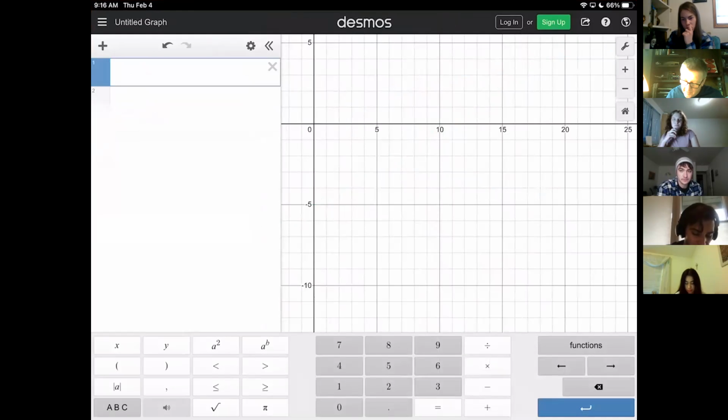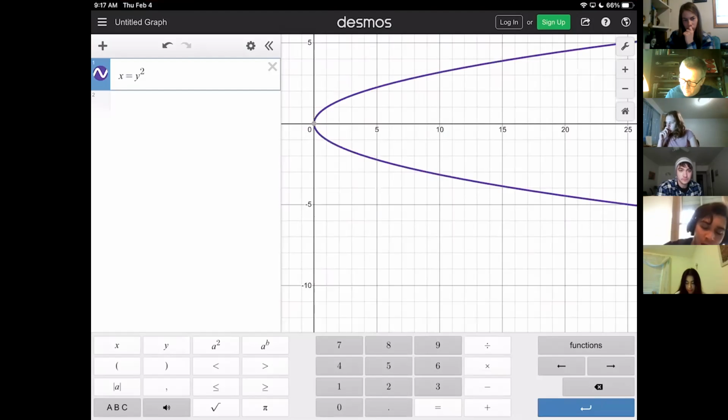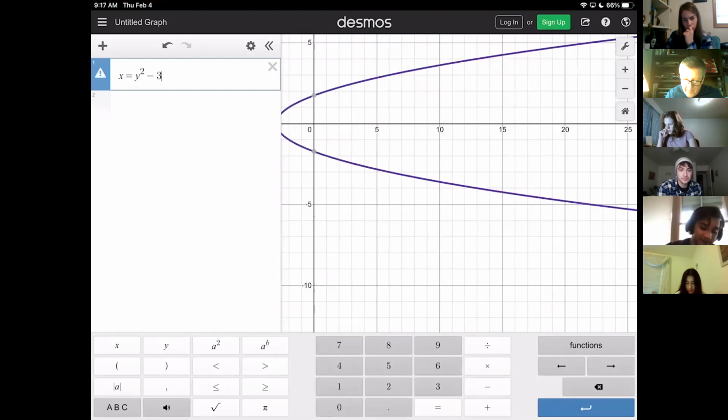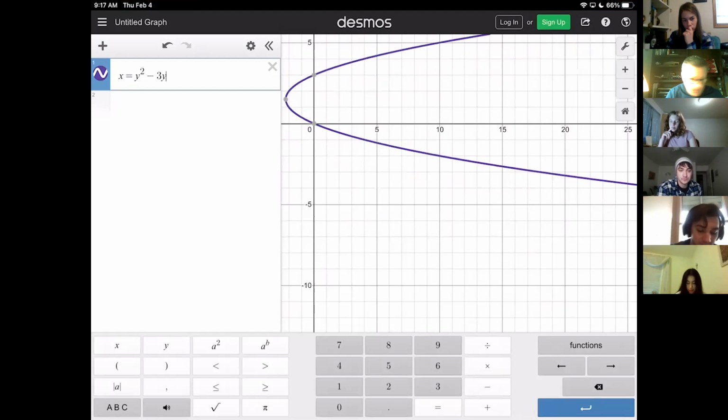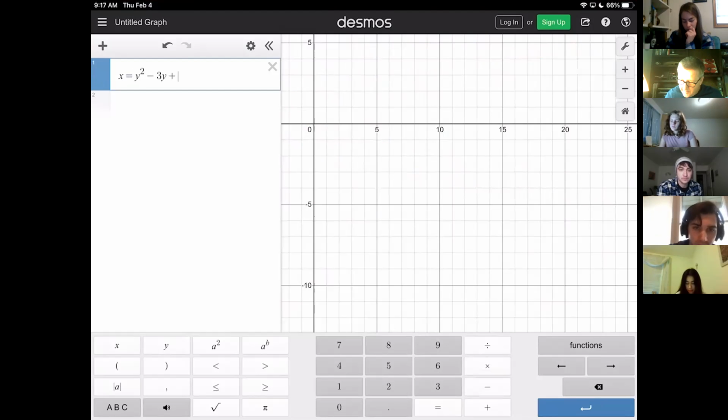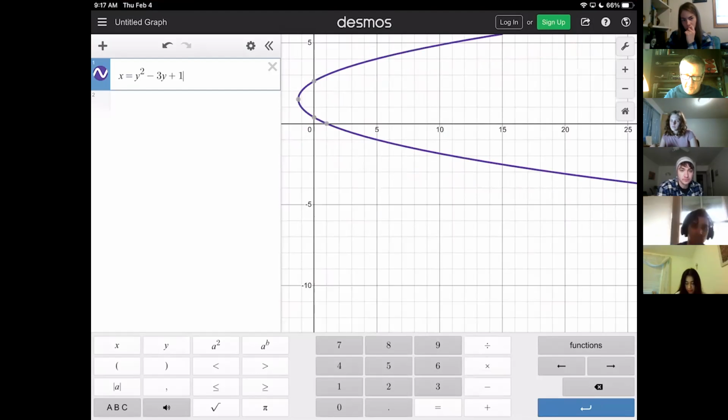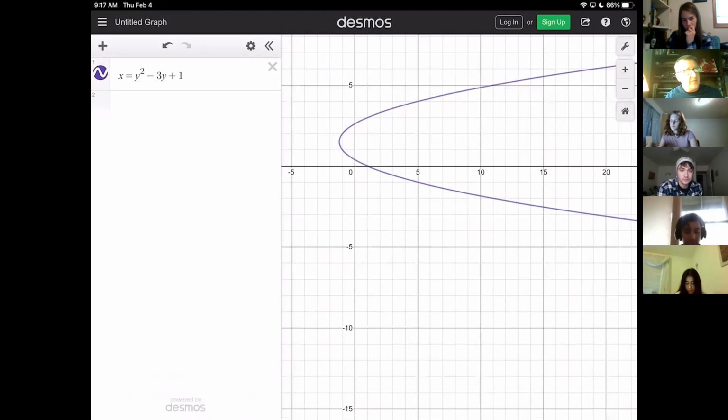And Desmos, unlike your graphing calculator, my friends, has no trouble with these letters being backwards. These are, mathematicians would say, not functions. Y is not a function of x. And so your graphing calculator can't do this, but Desmos can. So there's my first sideways parabola. It's a positive y squared, so it points right. Just like a positive x squared points up, positive y points right.